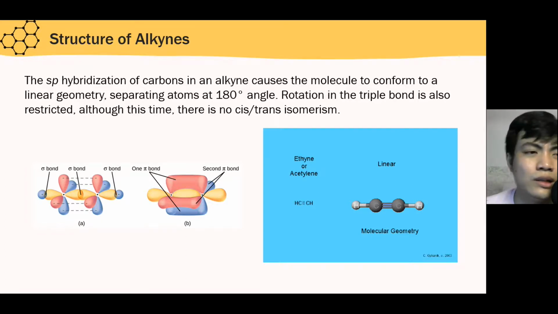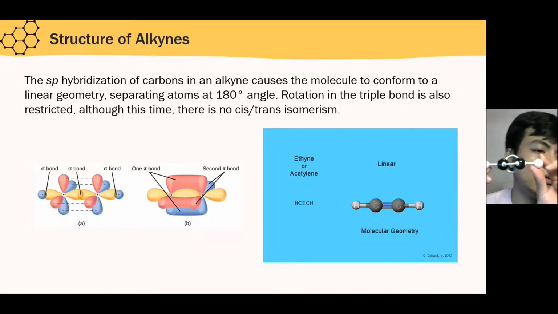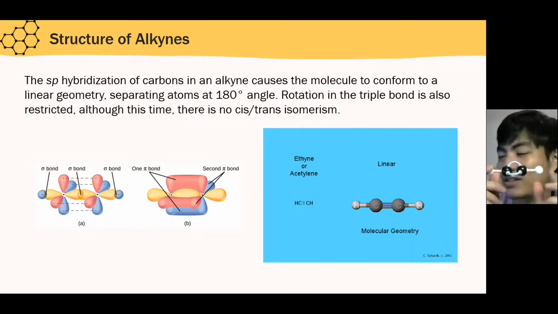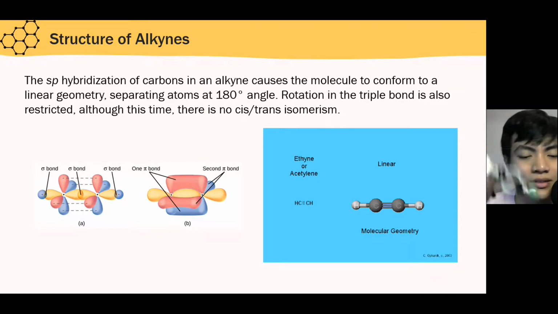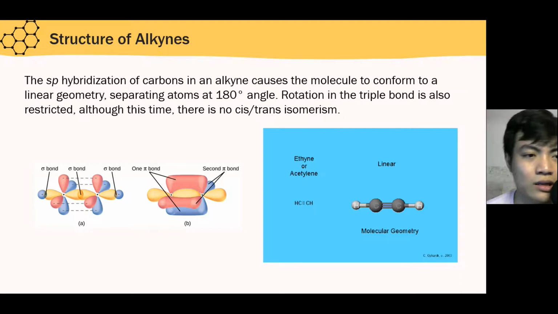Tatlo yung bond niya. One of which is the sigma bond and the two others are the pi bonds. Okay? So, it is linear. Wala nang cis-trans dito kasi isa lang naman yung mga atoms na nandyan. Okay? So, fix na yung positions nila. However, for alkene, doon tayo may cis-trans isomerism. So again, for sp hybridized, that will be 180 degrees in bond angle separation, and the geometry will be linear.